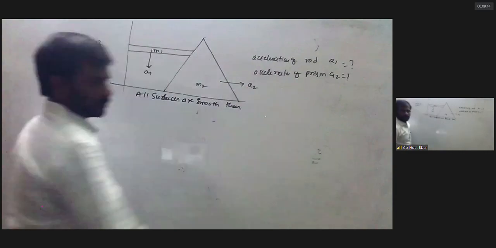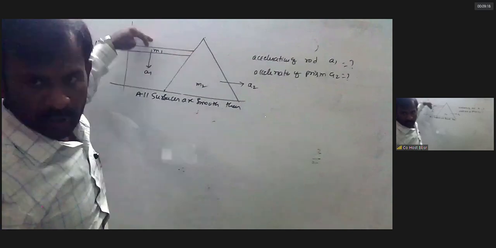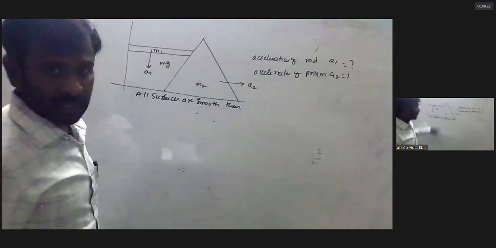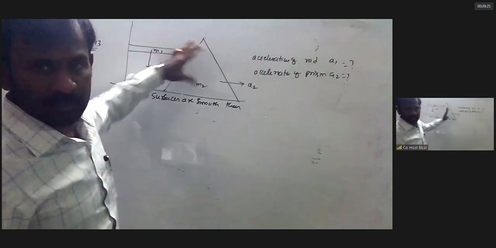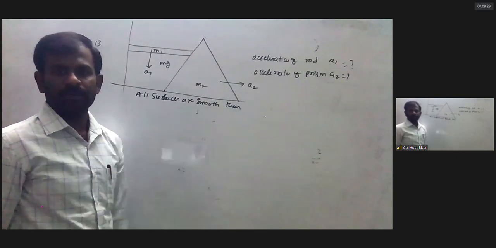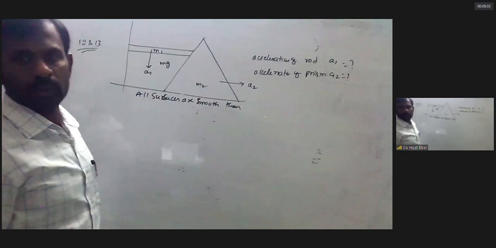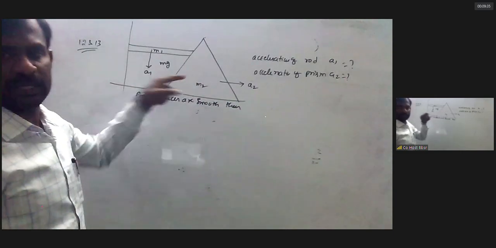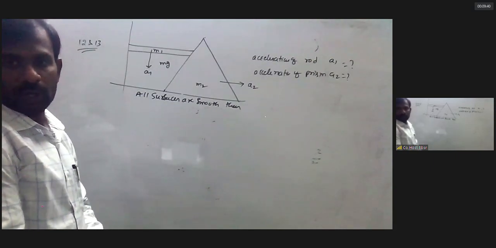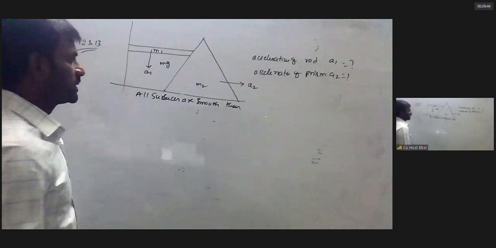A2. This rod should move downward due to its gravity mg, but this prism is moved rightward due to some force acting on it. Who applies the force on the prism? Rod only. Okay.